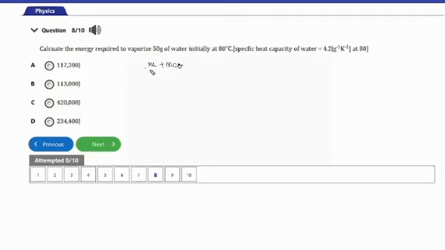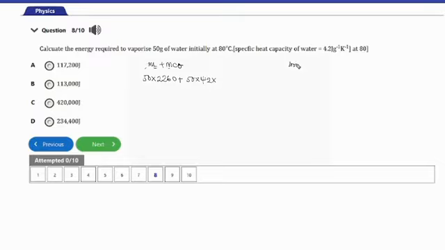So the mass here is 50 grams, so no need of conversion since we already have the specific heat capacity in joule per gram per Kelvin. So we have this as 50 grams, then times the L, which is 2260, plus M, that's 50 grams, times C, which is 4.2, then times theta here, which is the change in the temperature.